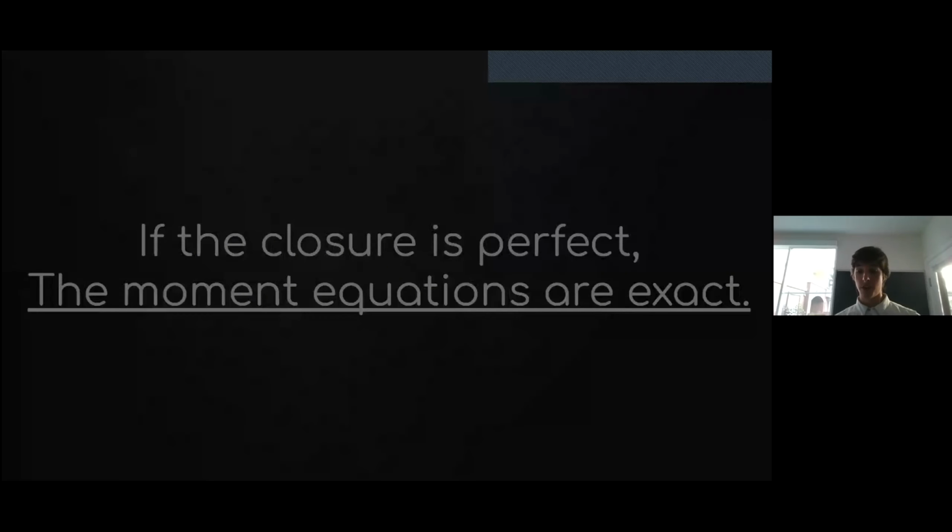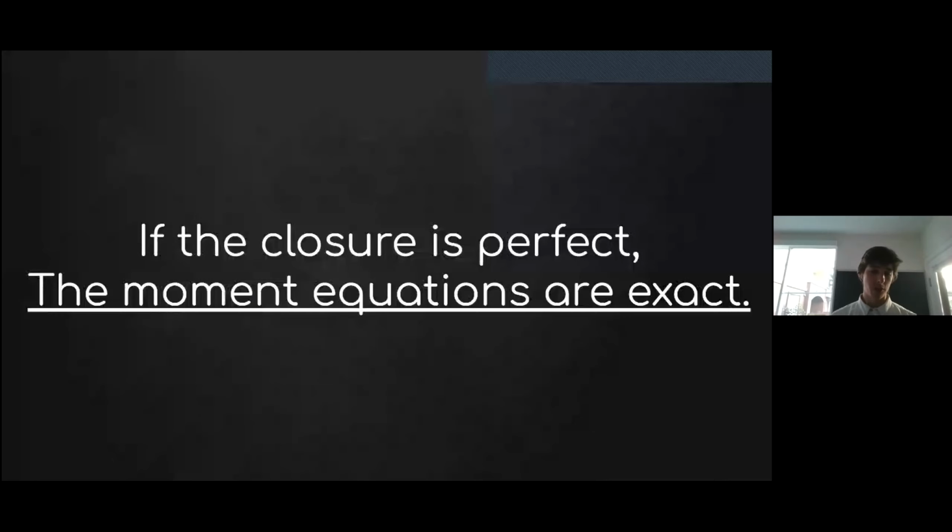And the advantage of this is if you do guess right, if your closure is perfect, then your evolution of the energy density and flux is exact. And so that's great. But of course, I mentioned it's too good to be true, because unfortunately it's very difficult to figure out what that should be, and I'll show why.